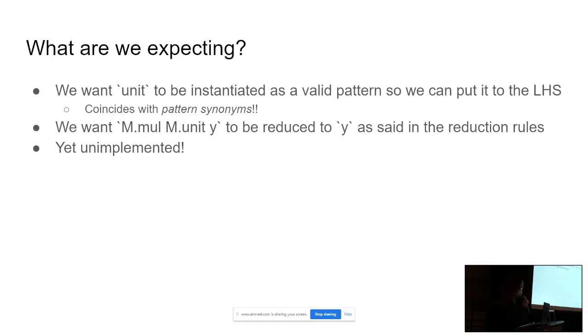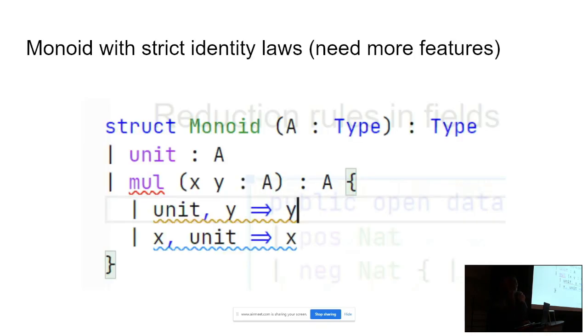And we also want, so there's a typo, it should be the dot there. We want the unit element of M multiplied by some other thing to reduce to Y, as we said in the reduction rules. And this is not implemented in the language we're showing. So this is why there are errors out there.